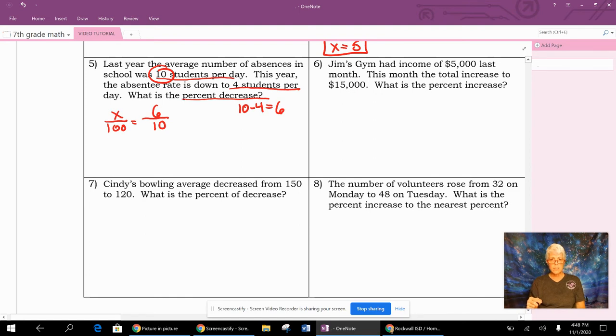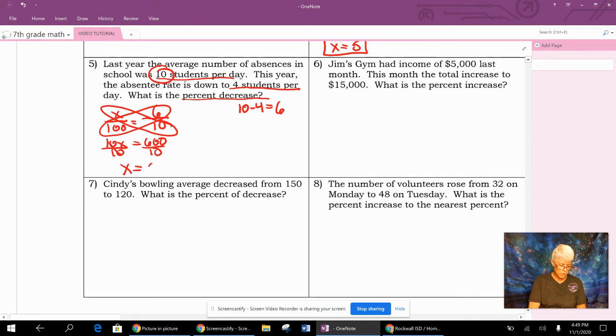Now I could simplify 6 over 10, but they're going to still be pretty good numbers once we cross multiply and divide. So let's go ahead and do that. So we have 10 times x is 10x. 100 times 6 is 600. Divide by 10, divide by 10.